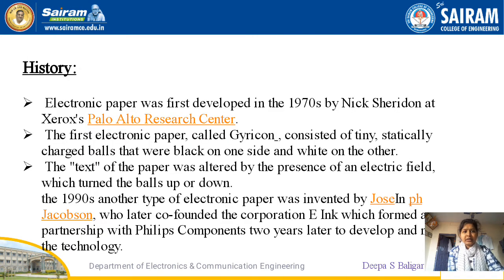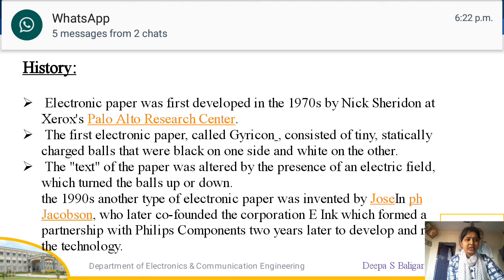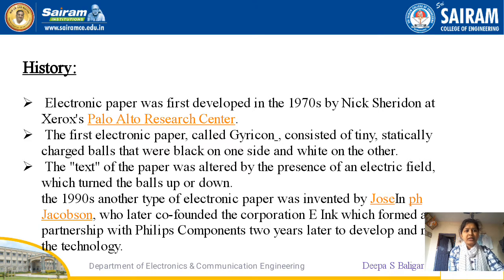History. Electronic paper was first developed in 1970 by Nick Sheridan, and it is called Gyricon. The Gyricon consists of polyethylene spheres with diameters between 75 and 106 micrometers, composed of negatively charged black plastic on one side and positively charged white plastic on the other side. The Gyricon is a sheet of transparent silicone with each sphere suspended so that it can freely rotate.